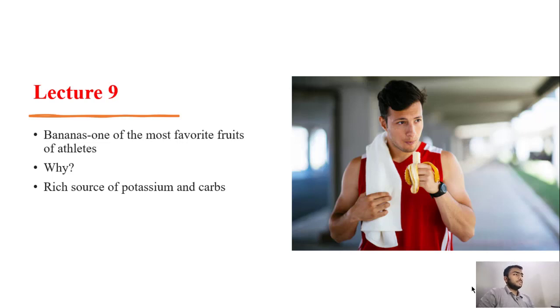But what you see on your screens is an athlete consuming a banana. It's a common sight to see athletes, long runners or gym enthusiasts consuming fruits such as bananas, or other fruits and foods which are a rich source of carbohydrates.